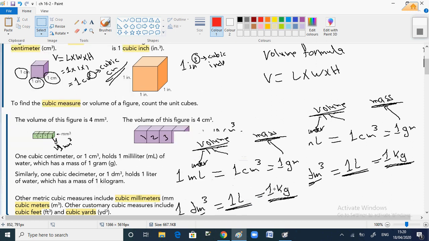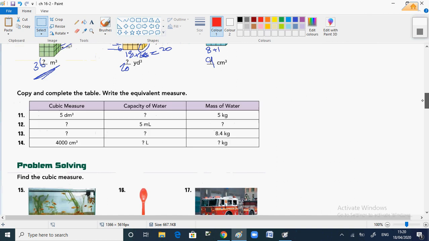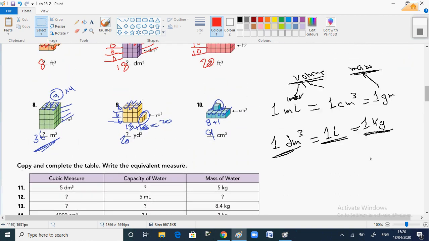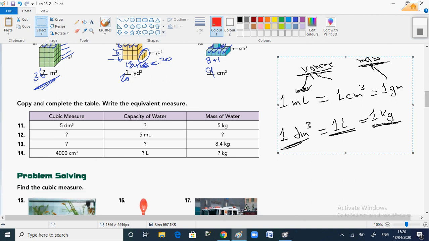Let me put it down. Now look here. I told you each one cubic decimeter is what? 1 liter. This is what? Water.